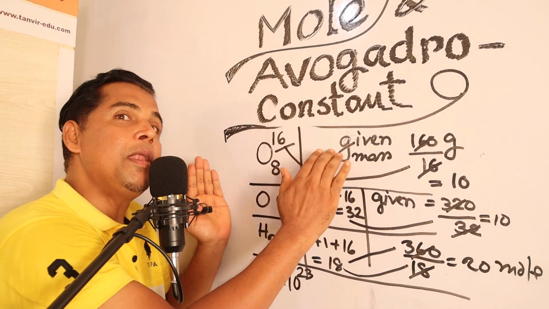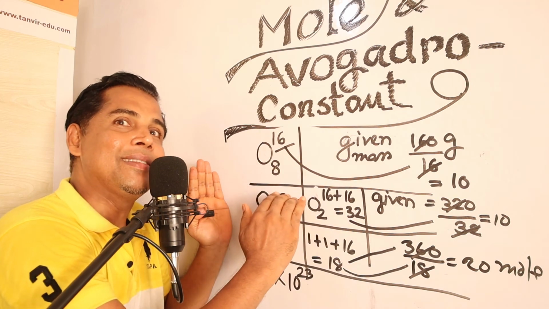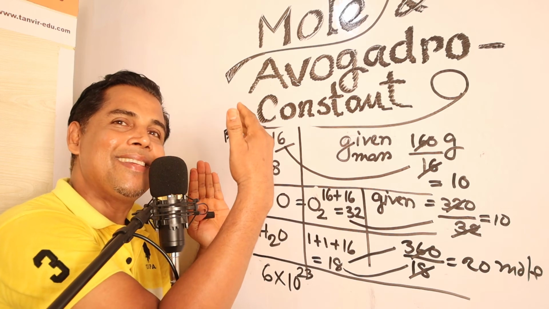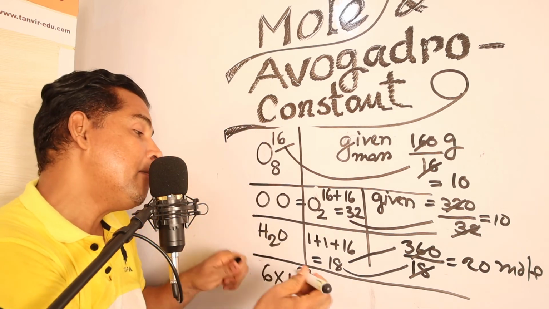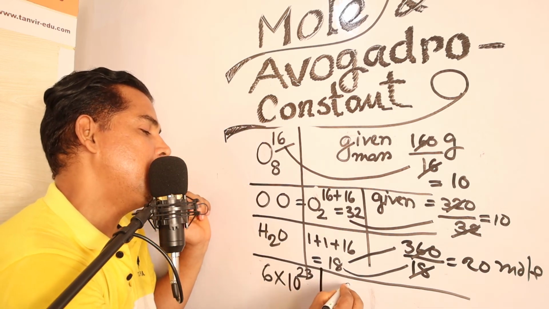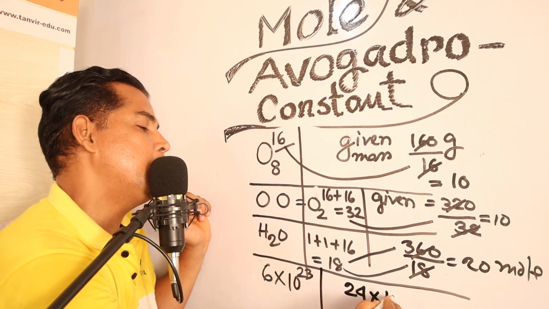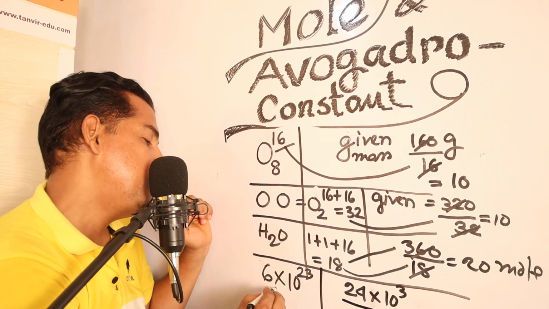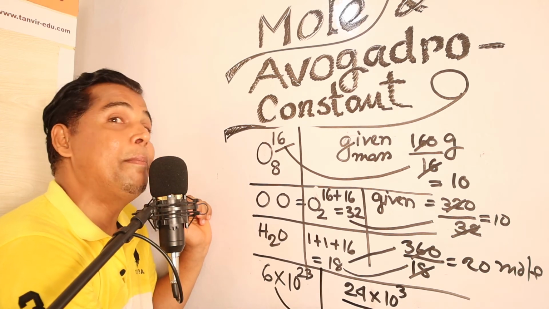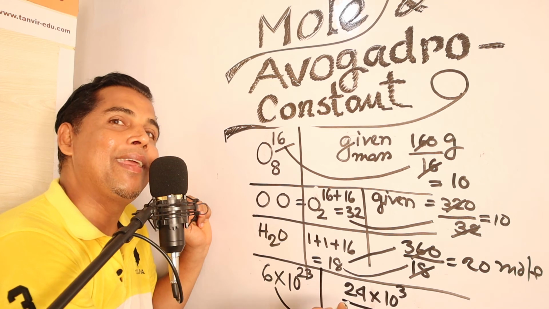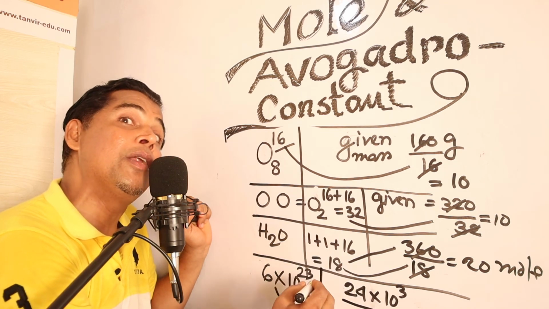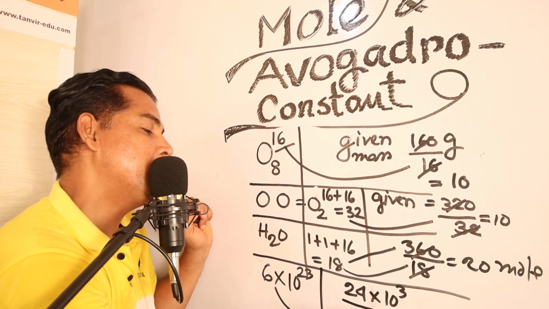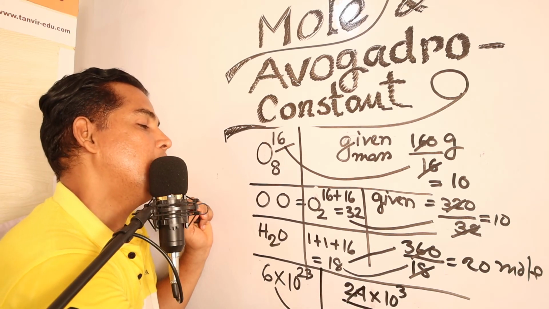So this is the given mass divided by the molar mass. Where is the molar mass found? In the periodic table upper side, right? Now if the number is given, suppose 24 into 10 to the power 23, these number of molecules have been provided, and you divide it by Avogadro's number, 6 into 10 to the power 23, so this cuts, and it is 4 moles.